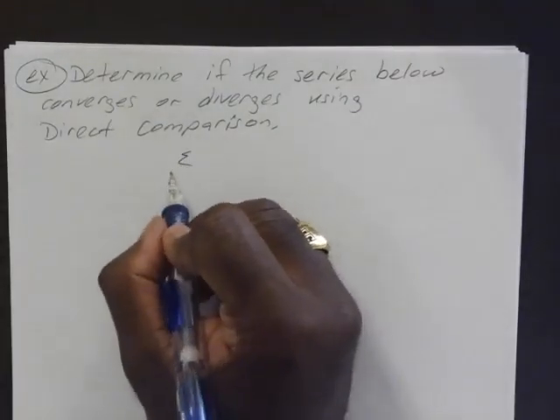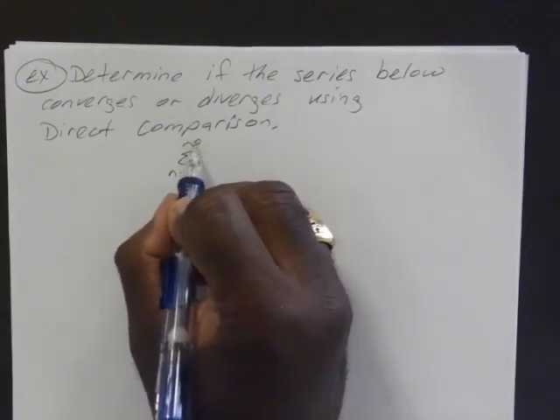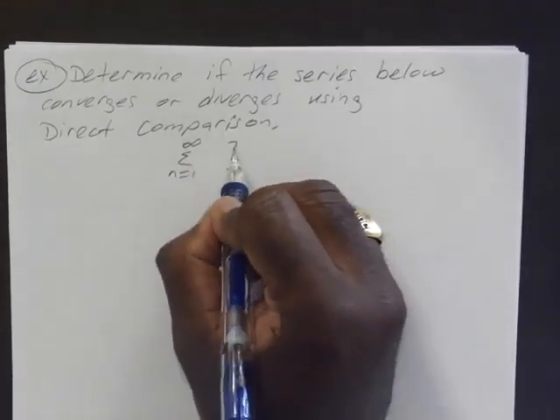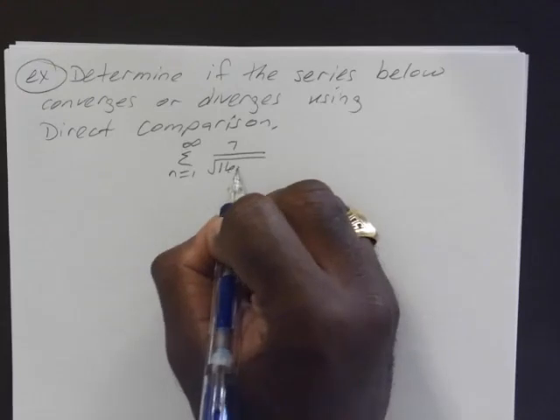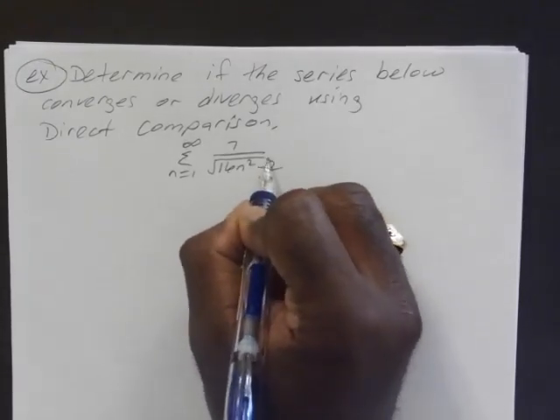And we have the sum from n equals 1 to infinity of 7 divided by the square root of 16n squared minus 2.